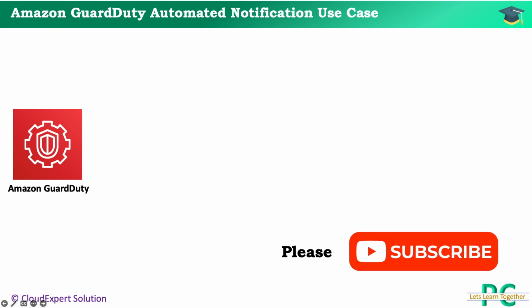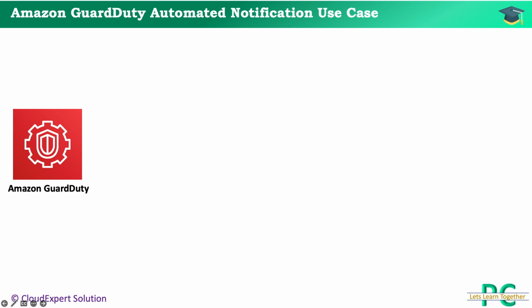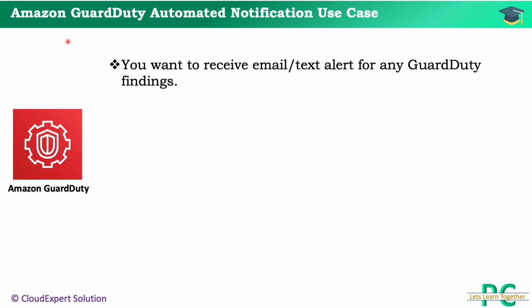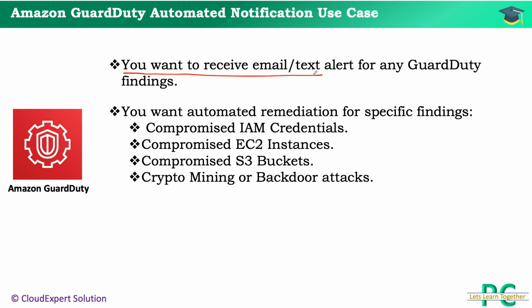Now let's review some high-level use cases for Amazon GuardDuty automated notifications. To start with, if you want to receive automated email or text alert for any GuardDuty findings, that means when Amazon GuardDuty detects any finding, it could be high, it could be medium, you want an automated notification on your mobile or even on your email ID, or maybe you want to extend that to your IT team.